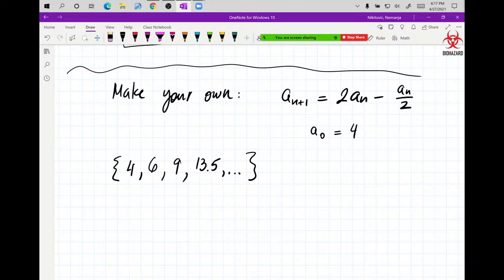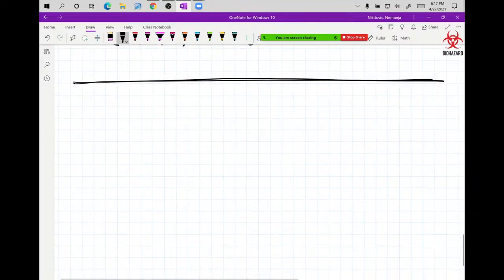The next concept that we want to learn about before we hit the summation notation is the concept of factorial.